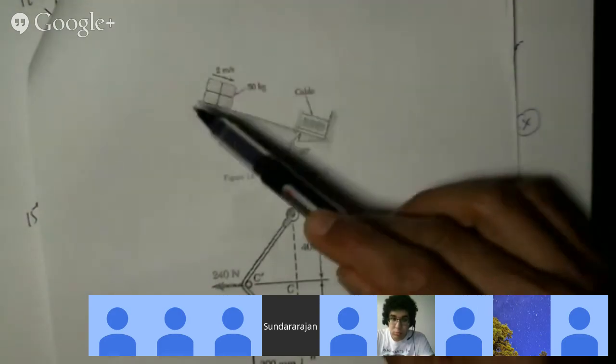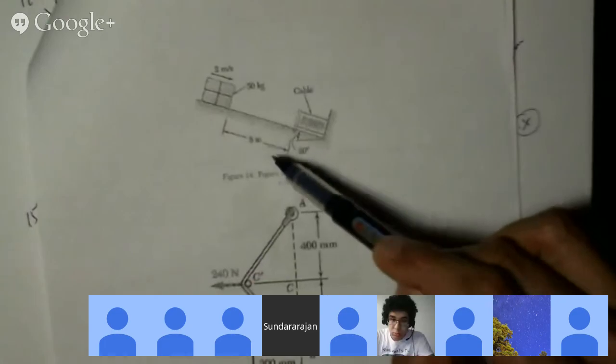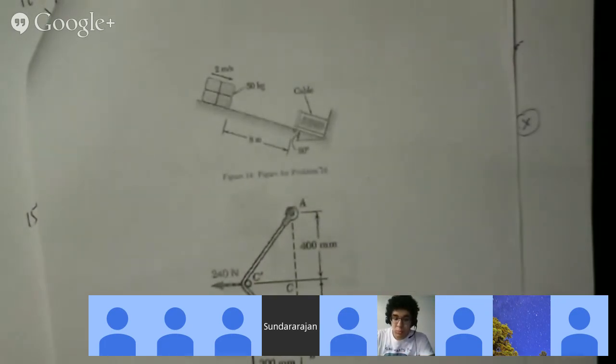What is the total energy of the system in this state? Is it potential energy and spring energy? Why? Because the spring is already compressed.